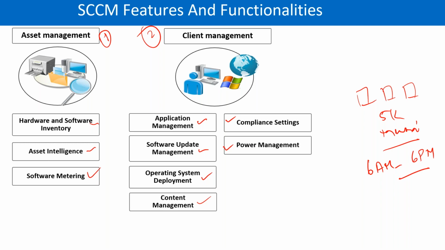So after 6 p.m., I can apply a power policy to turn off the monitors of these 5,000 computers, or put them into sleep mode or hibernate mode for the whole night when people are not available in the company. Using this, we can reduce the power consumption at night time, and ultimately reduce the electricity cost. So that is power management we can define through SCCM.